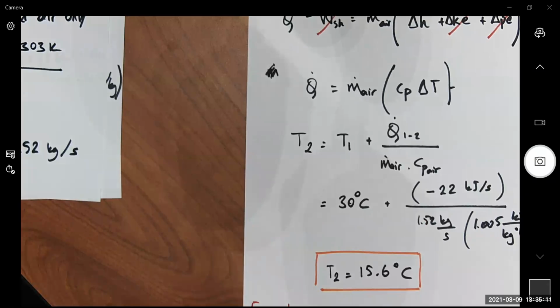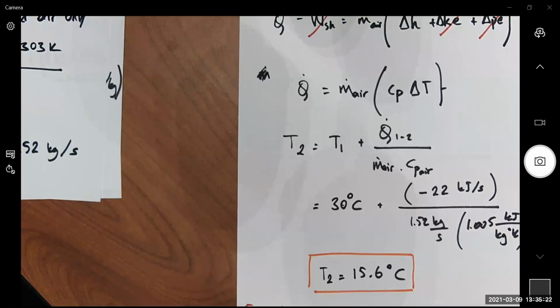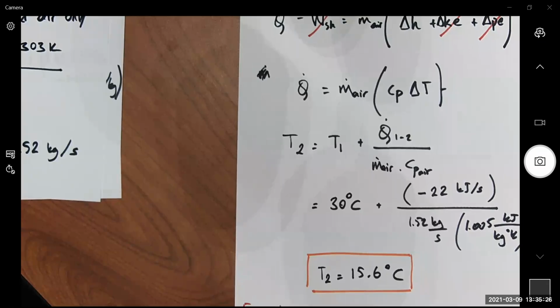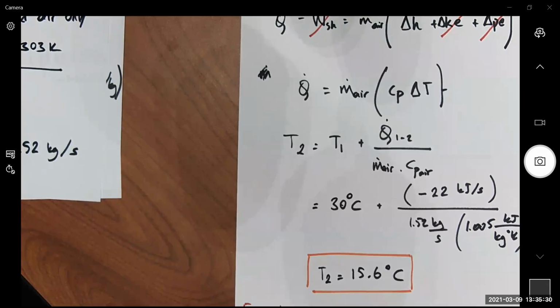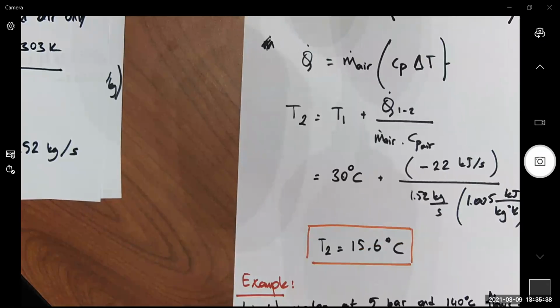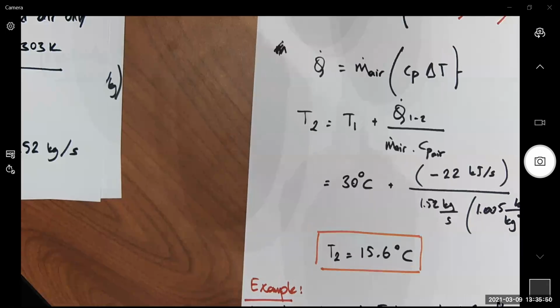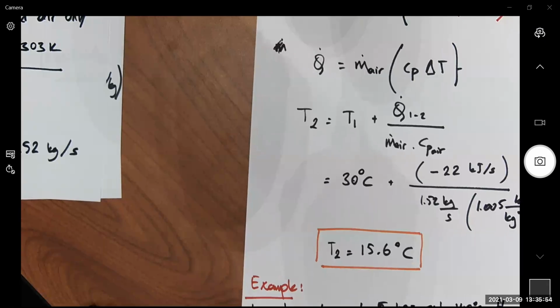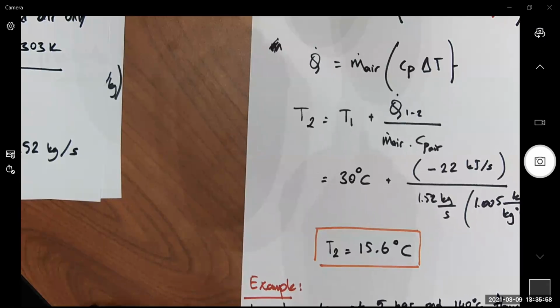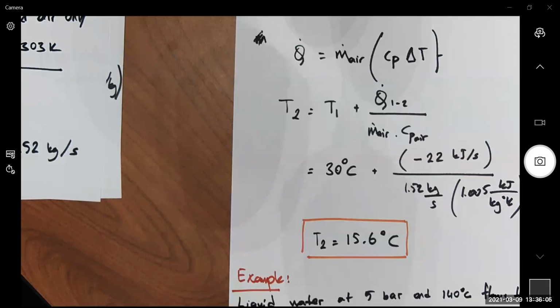Liquid water at 5 bar and 140 Celsius flows through the inside of 20 tubes of a shell and tube heat exchanger at a total rate of 240 kilograms per minute.